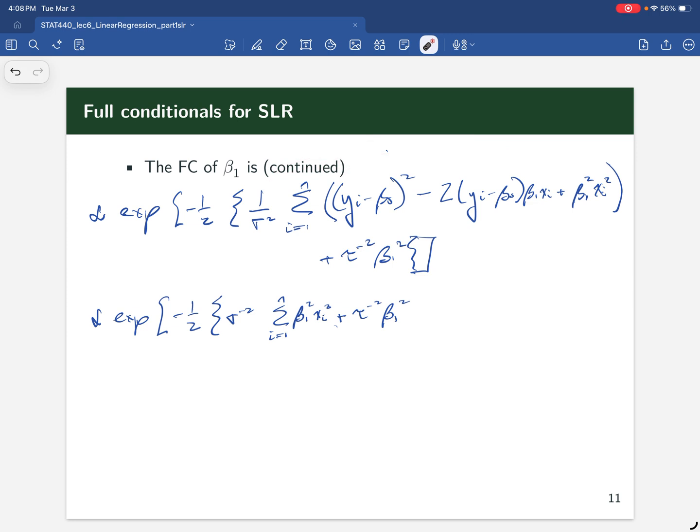And so this middle term is going to be minus 2 sigma to the negative 2 sum i equals 1 to n of yi minus beta naught, and then I have my beta 1 xi.